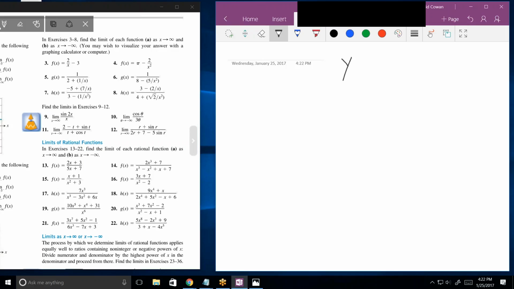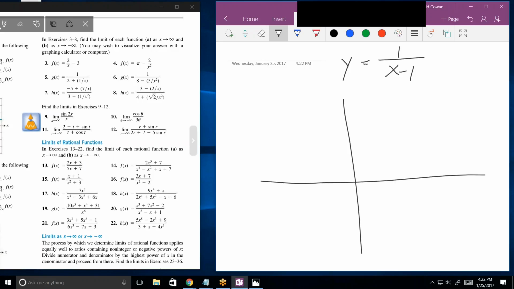Y equals 1 over x minus 1. That's hyperbolic, shifted 1 unit to the right. So it has a vertical asymptote there, and it still has the horizontal asymptote on the y-axis. And if I draw it, it looks like this.